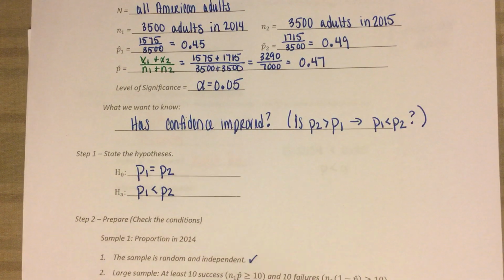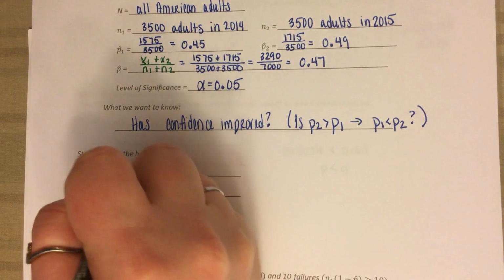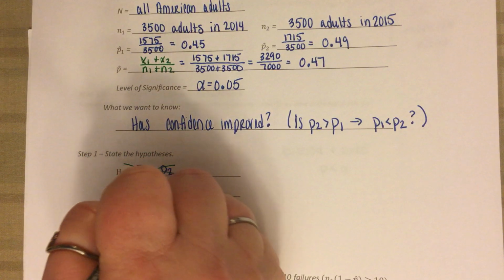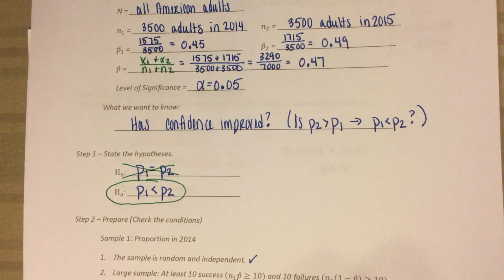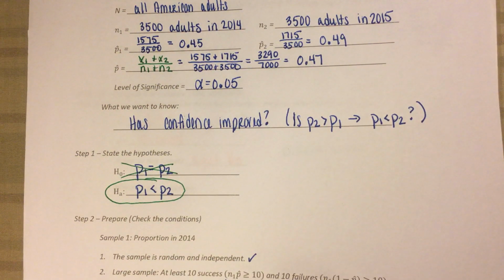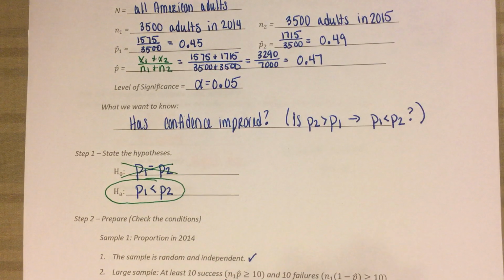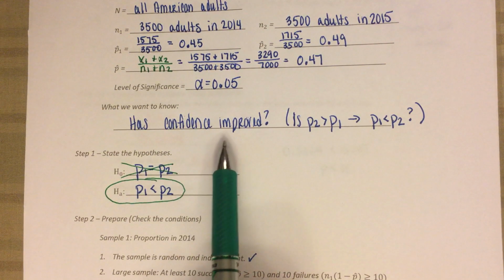All right, so going back to our problem, we are going to reject our null hypothesis, which means we're going to conclude that our alternative hypothesis is true. That tells us that P1 is less than P2, and what we were asked originally was, has confidence improved?